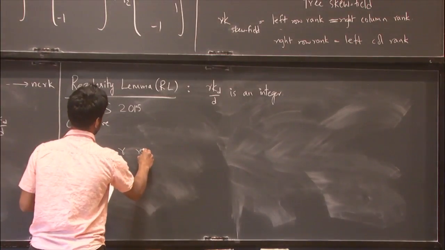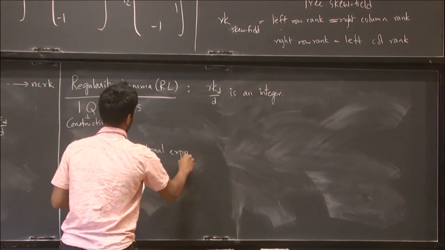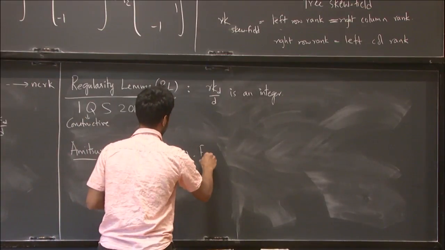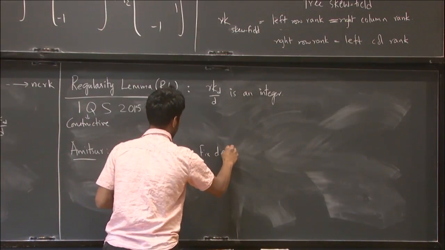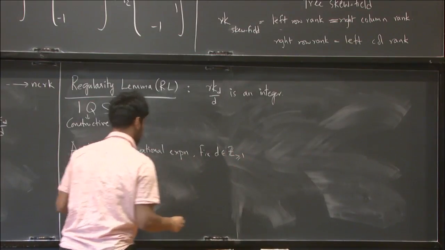So R is some rational expression, non-commutative, and you fix some integer d, some positive number d, greater or equal to 1.